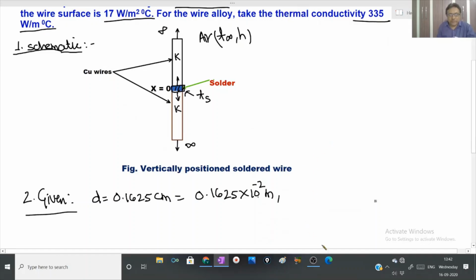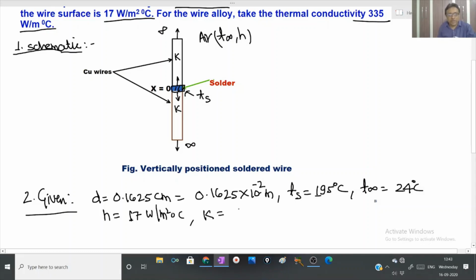So base surface temperature Ts is 195 degrees Celsius and surrounding air temperature is 24 degrees Celsius. The convective heat transfer coefficient of surrounding air is 17 watt per meter square degree Celsius and thermal conductivity of the copper material is 335 watt per meter degree Celsius.